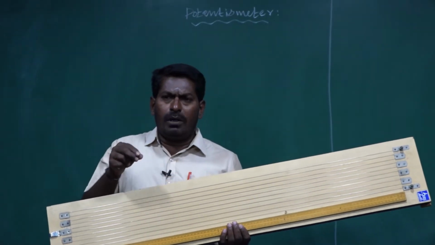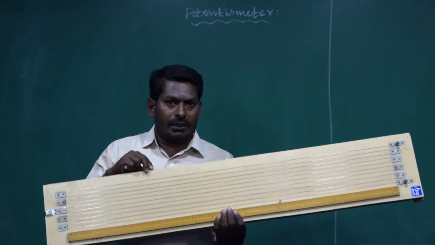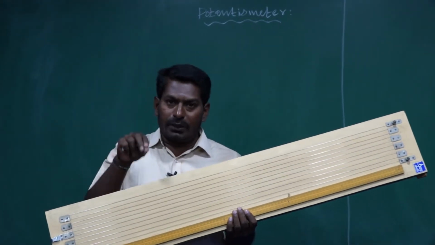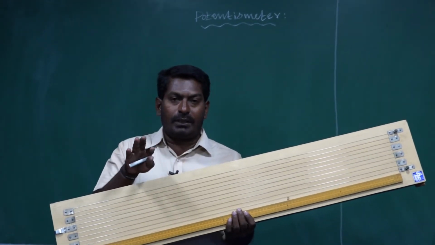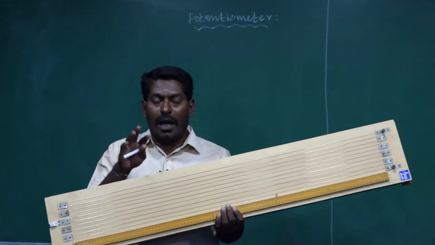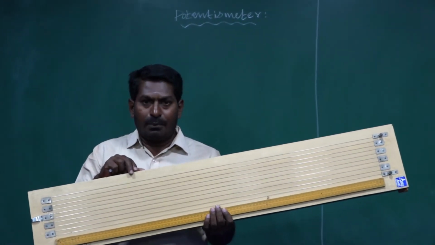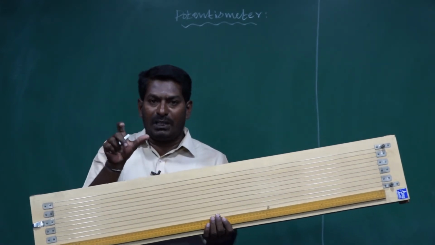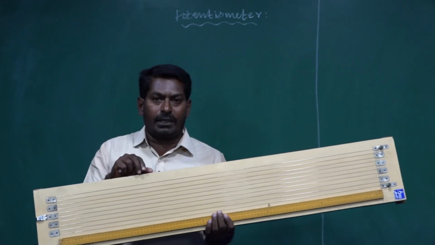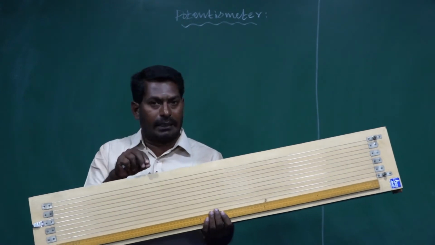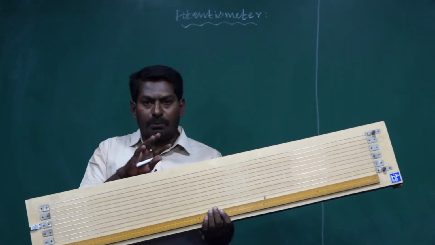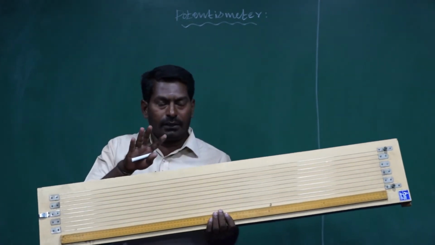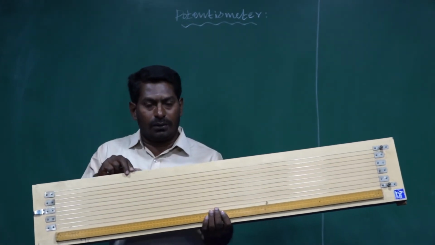Already you know about one more instrument, the voltmeter. A voltmeter is an instrument which is used to measure the potential difference, but it does not accurately measure the actual potential difference, because when a voltmeter measures the potential difference between 2 points in a current carrying circuit, it requires a feeble current. So a voltmeter will not accurately measure the potential difference between 2 points in a current carrying circuit.